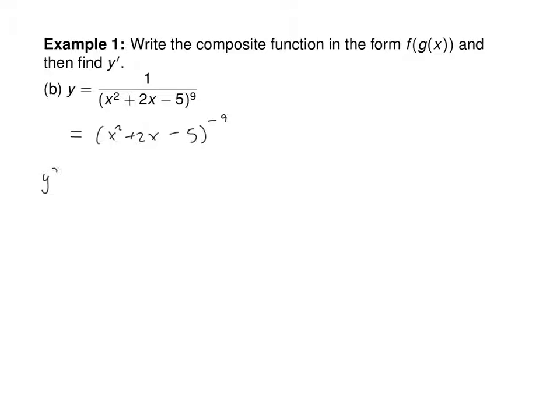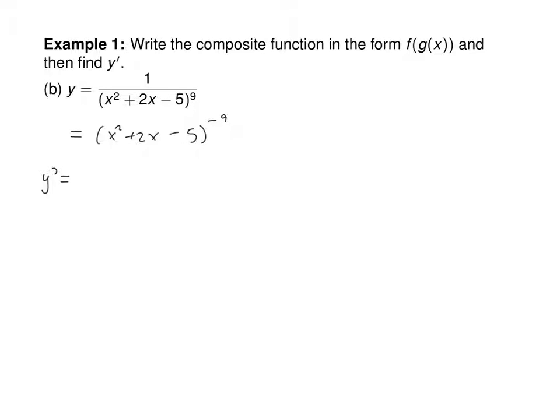You could use the quotient rule, but it actually turns out that often making quotients into products is easier. It's especially easier if your numerator is a constant, if your numerator is a number. But even if the numerator was x, you could just write it as x times this thing to the negative 9th. That would also work.